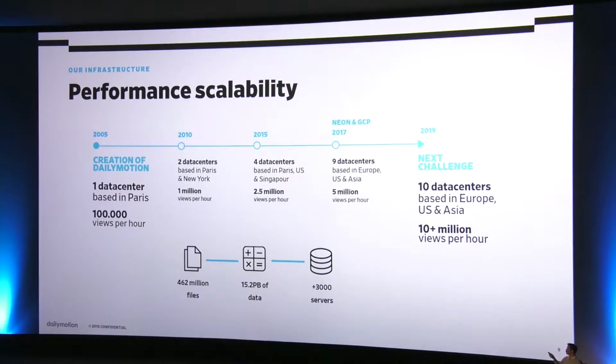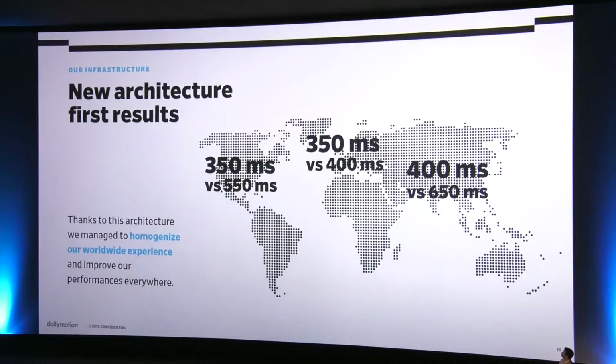We have 462 million files, 15 petabytes of data, and over 3,000 servers, because to manage and to encode all of these videos, it takes a lot of processing power. This is the new architecture that we brought out in 2017. We basically rebuilt everything, and as you can see, the response times have been greatly improved across the board.